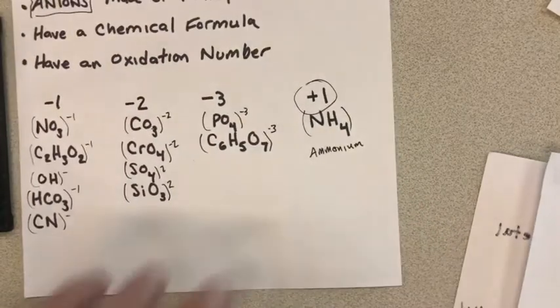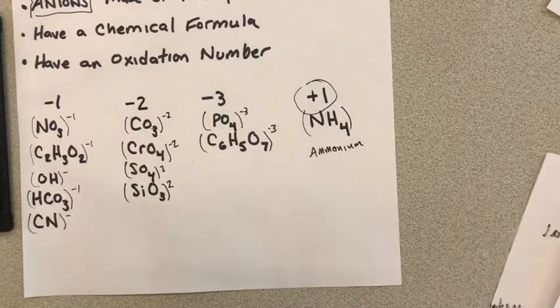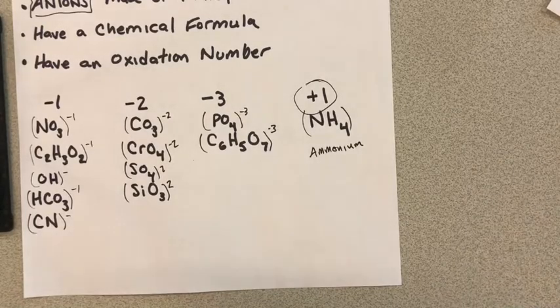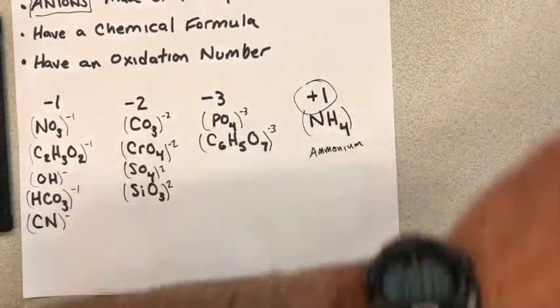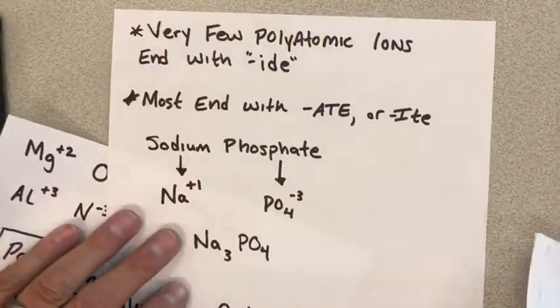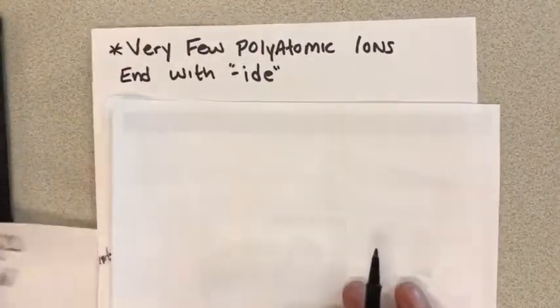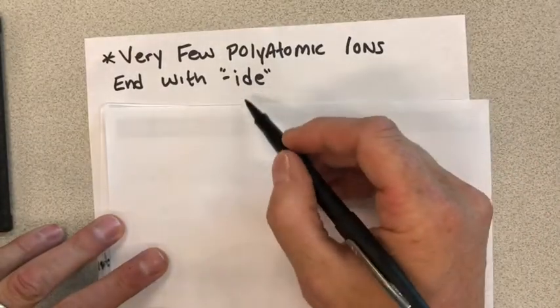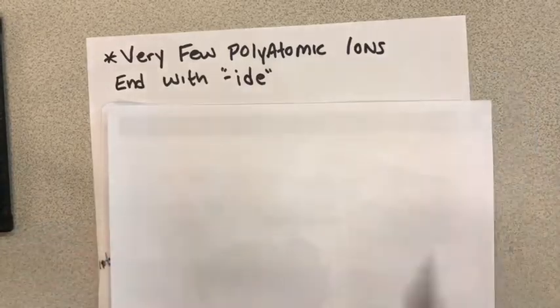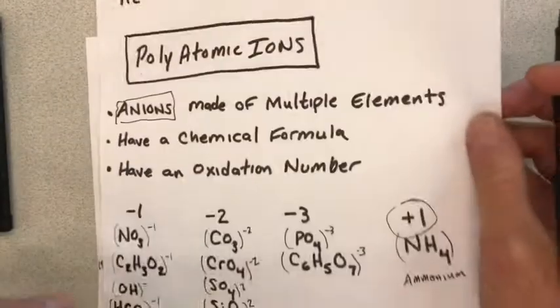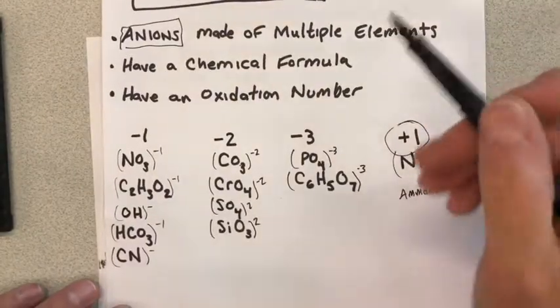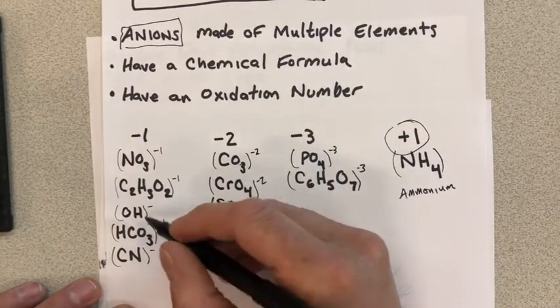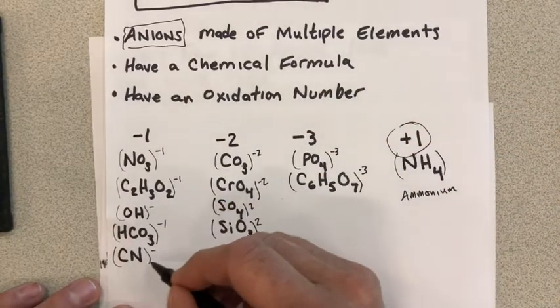Okay, so let's do some examples with polyatomic ions, and then we'll be done. So, first thing to know though is that polyatomic ions very rarely end with the letters IDE. In fact, this whole list, I think I went through these, the only one that ended with IDE was hydroxide, oh, and cyanide does as well.